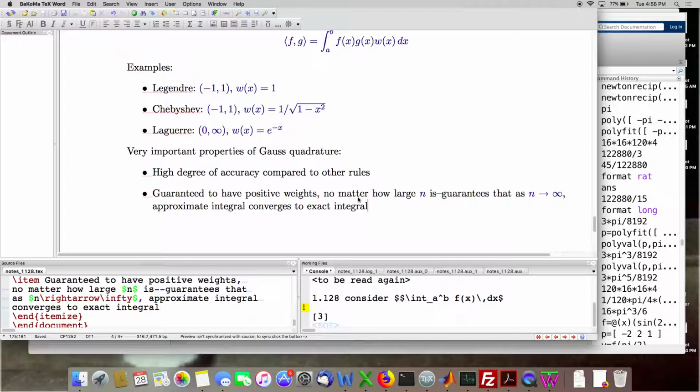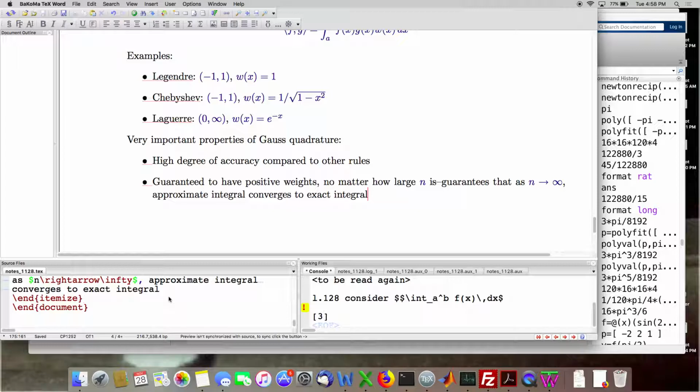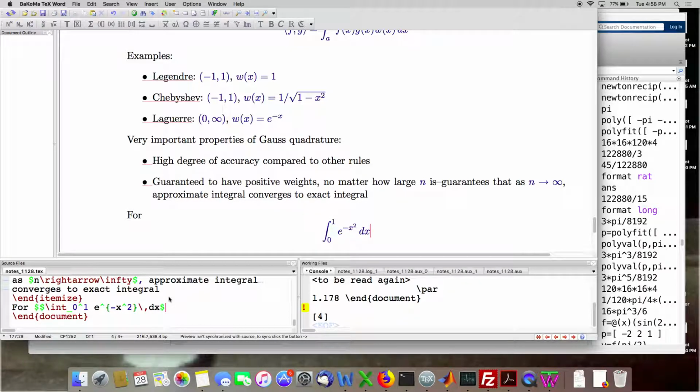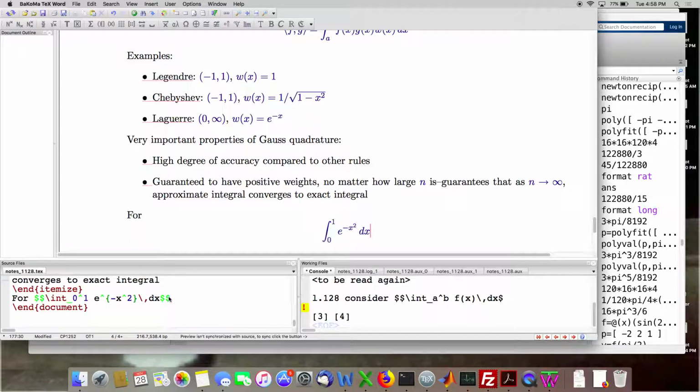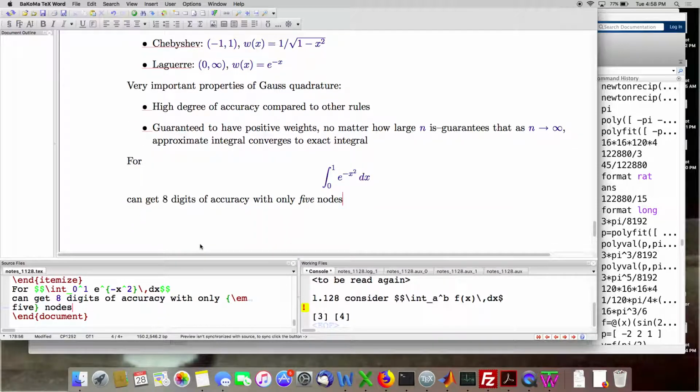Composite rules do converge too, but generally you don't need many nodes of the Gauss quadrature rule. So returning to this integral I showed earlier of a Gaussian function that cannot be done analytically, you can get 8 digits of accuracy with only 5 Gauss quadrature nodes, compared to 30-something with Simpson's or 2,500 or so with trapezoidal.